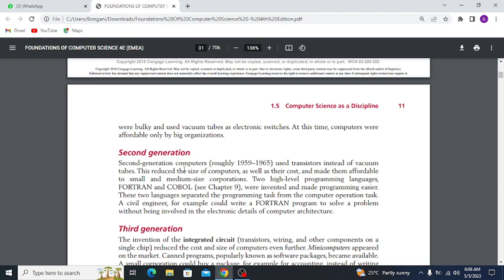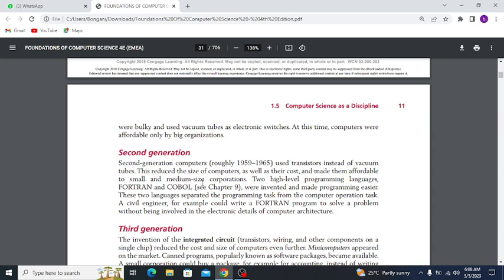And then we have the second generation. Second generation computers, roughly 1959 to 1965, used transistors. During this period, transistors were developed to replace vacuum tubes. Because transistors were smaller, they reduced some of the hardware in the computer and made it quite small.